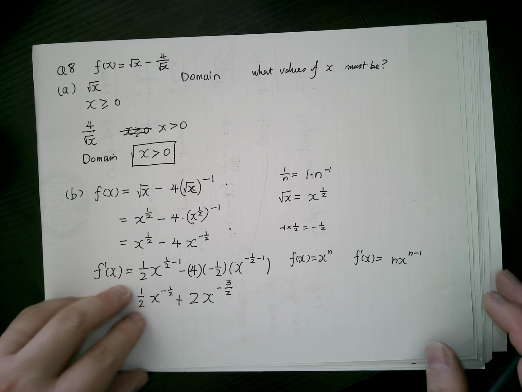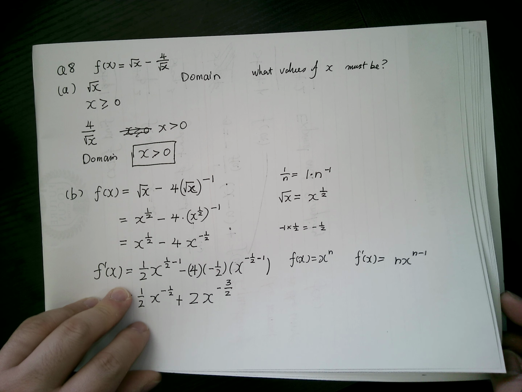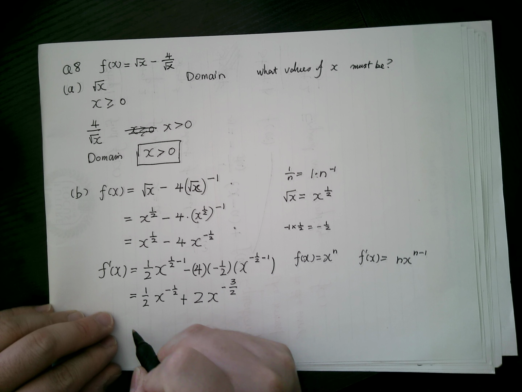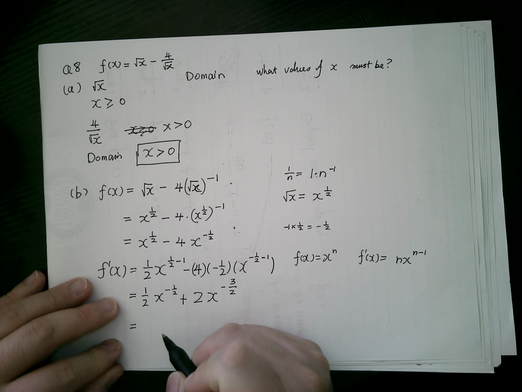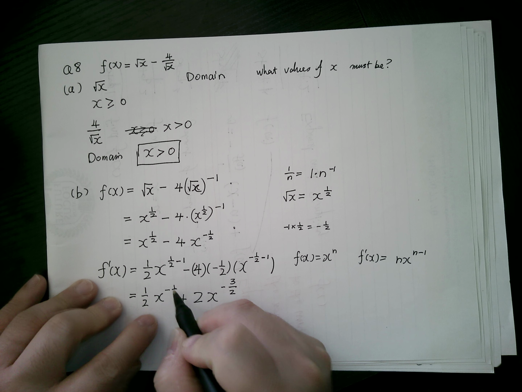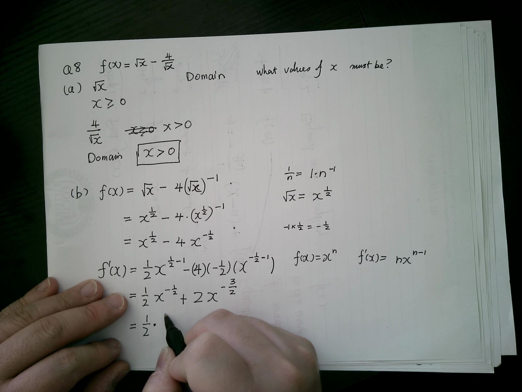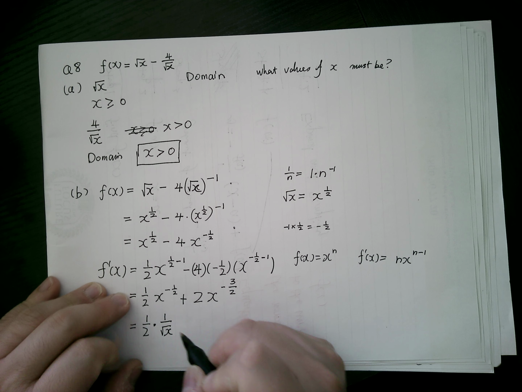So this is interesting because when we simplify this, I'm going to rewrite it, bring it back. I'm going to have a half times 1 over square root of x. That's what that is.